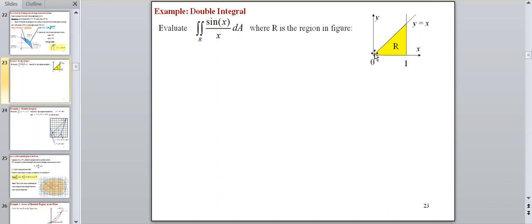So in the form of case 2, I can say y is from 0 to 1, and x is from left bound, which is y, to right bound, which is x equals 1. So I can say y is from 0 to 1, x is from y to 1. Okay, let's set up the integral in this form. See what happens.